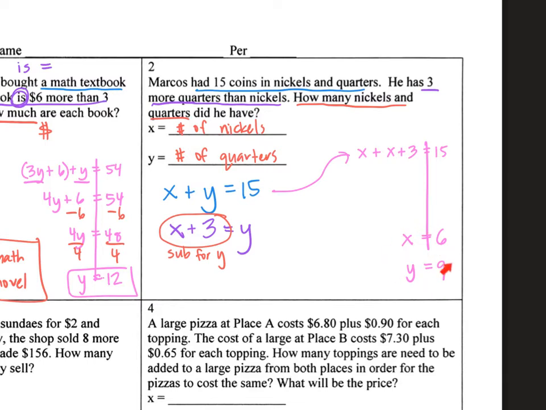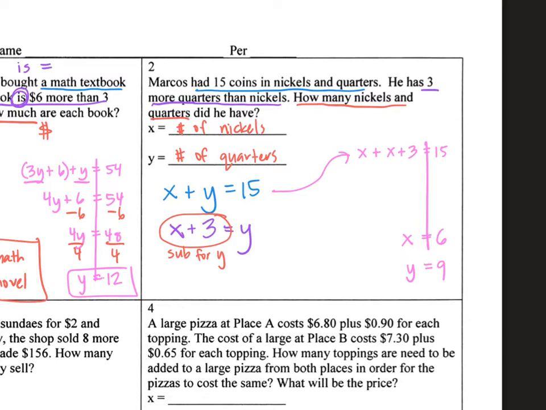So if we compare this answer to our statements up here, there's 15 total coins. 6 plus 9 is 15, so there's 15 total coins there. And is there 3 more quarters than nickels? Yeah, there's a 3 coin difference between both of those.